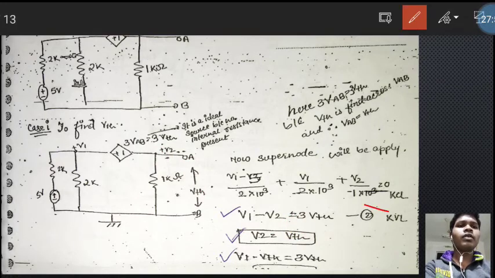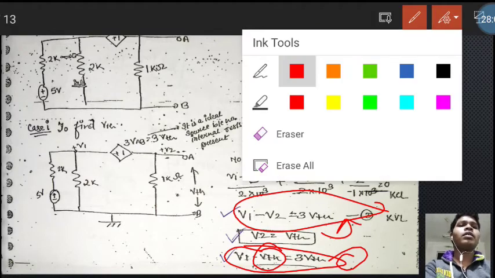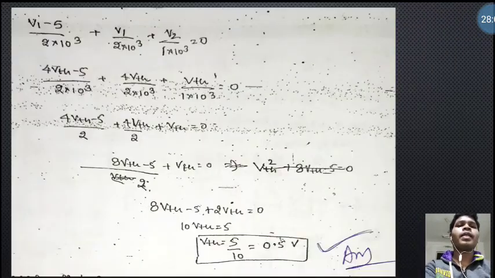So in equation number 2, put the value of V2 here, then you will be able to find V1, that is V1 minus VTH is equal to 3VTH. So after taking the VTH to this side, you can find V1.